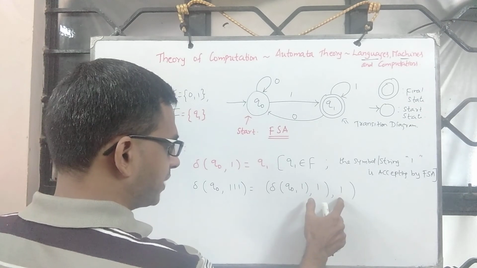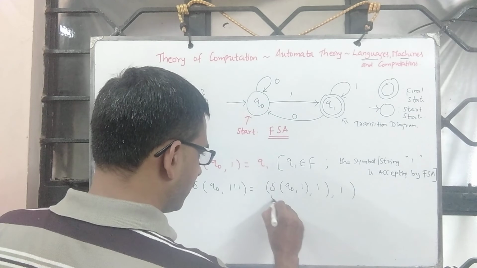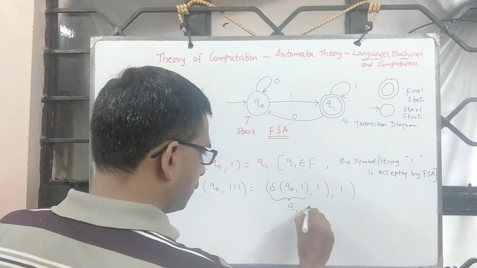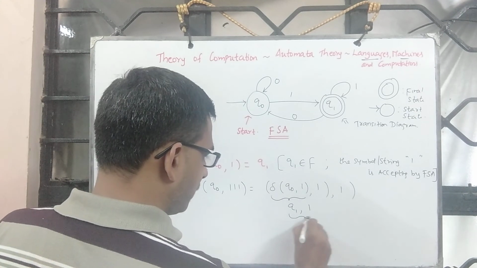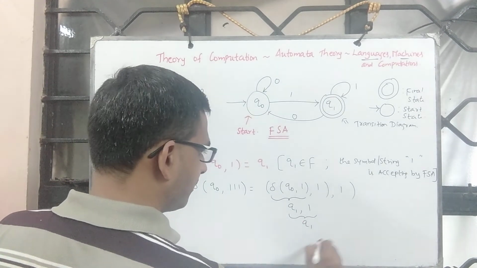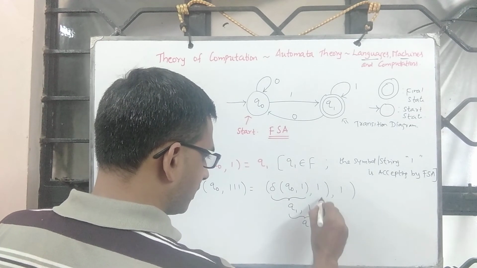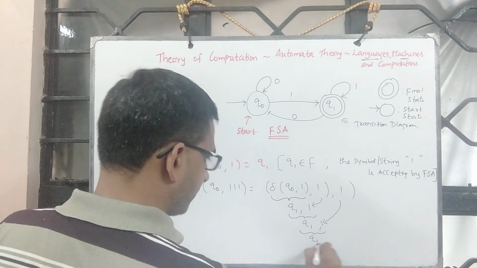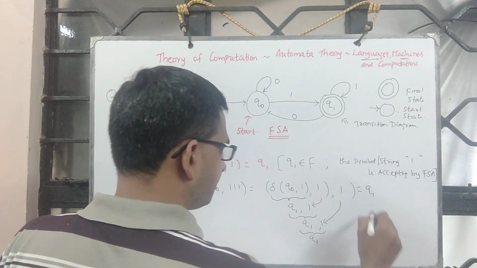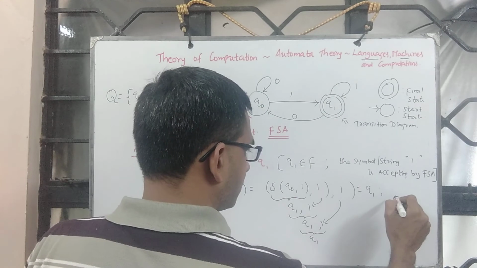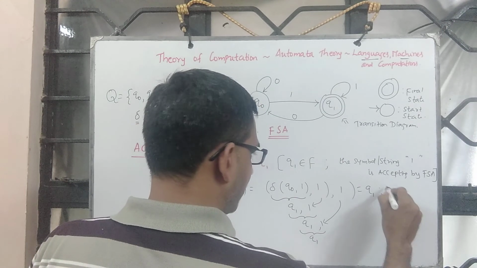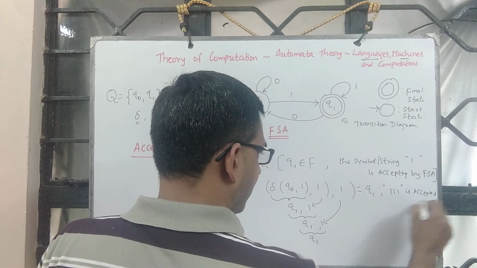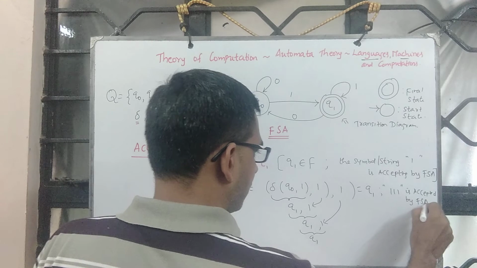With that you read this one, you get another state. So delta of q naught comma 1 is q1. Then it is q1 comma 1, and that is q1. Then again q1 comma this one, and this gives you q1, which is also a final state. So 1 1 1 is accepted by the finite state automaton.